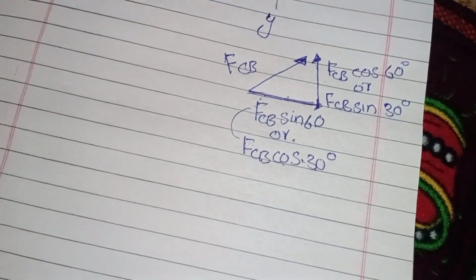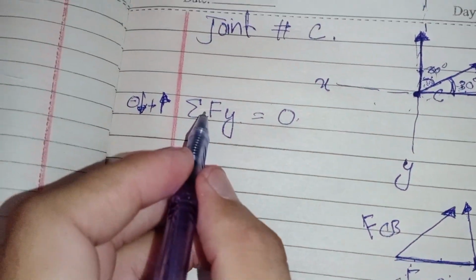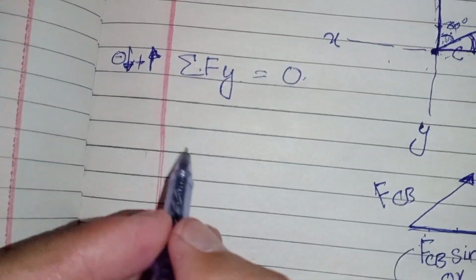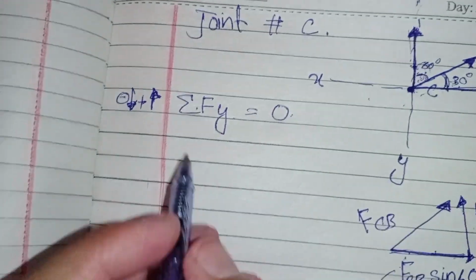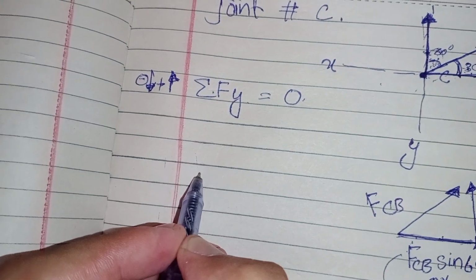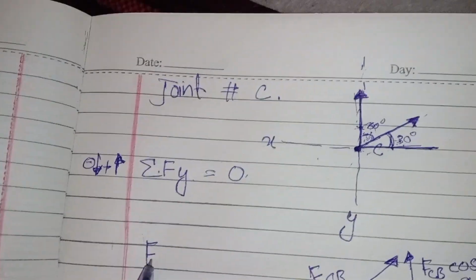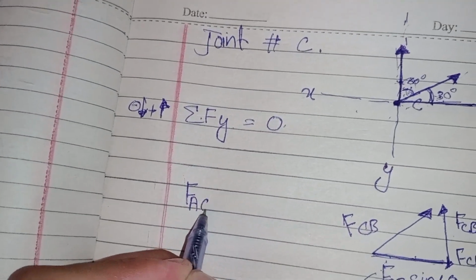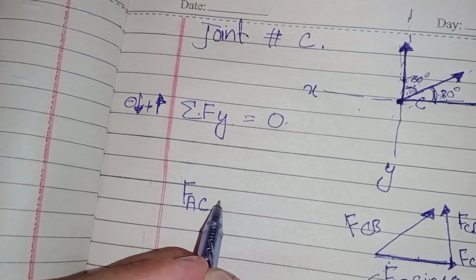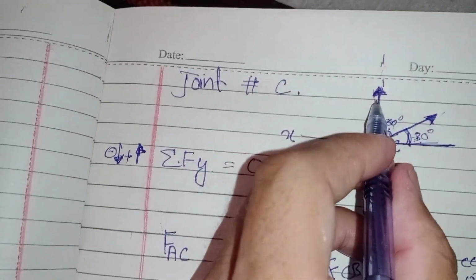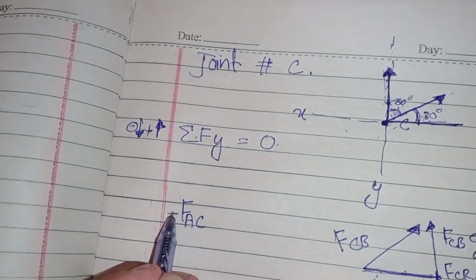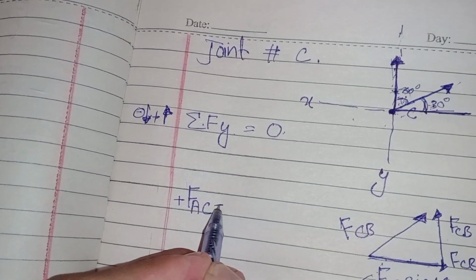So if you take F of AC or CA, it is directed up, so it is plus.